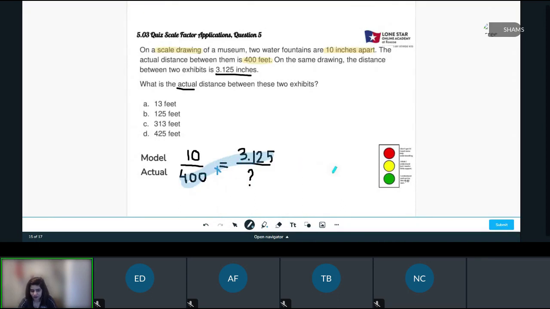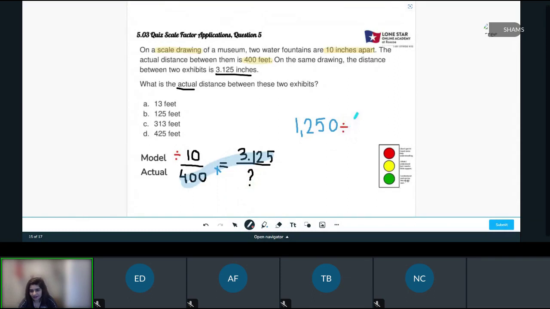So when you multiply by 400, how much do you get? 3.125 times 400. You get 1,250. Then you may divide by 10.